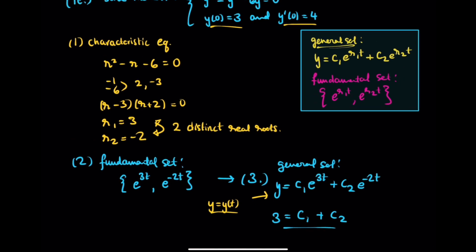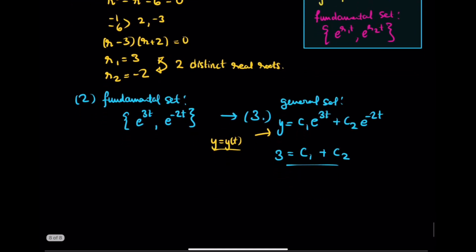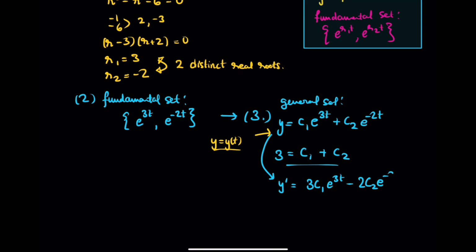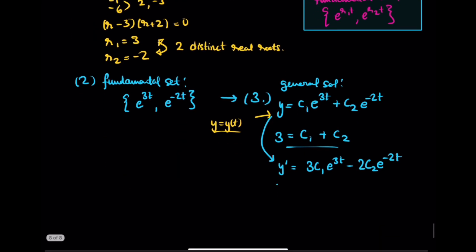Your second equation we'll get from taking the derivative of the general solution. So let's do that. The derivative is 3c1 e to the 3t minus 2c2 e to the minus 2t. This is your y prime. And then we know that y prime(0) equals 4, so 4 equals 3c1 minus 2c2.